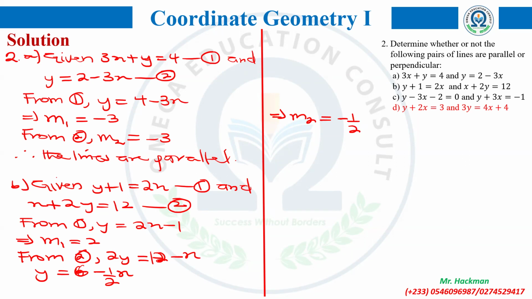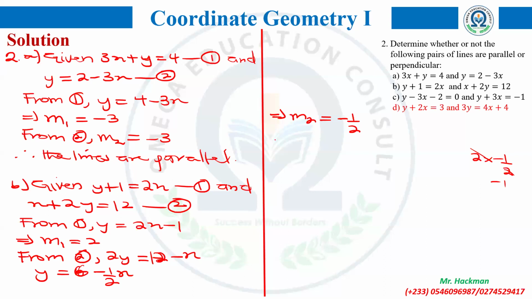So here, the gradients are not the same, so obviously the lines are not parallel. They will meet. Now let's see whether they meet at an angle of 90 degrees, making them perpendicular. If they meet at 90 degrees, then if you multiply these two gradients, you have to get negative 1. And you know, 2 times minus 1 over 2 will cancel and give us negative 1. So it means the lines are what? Perpendicular.